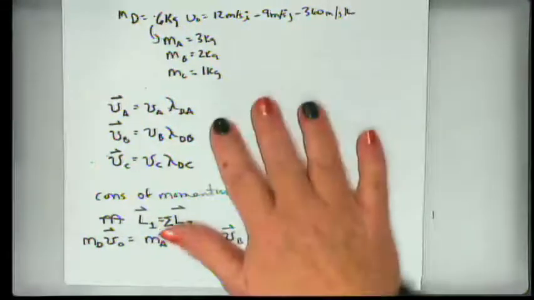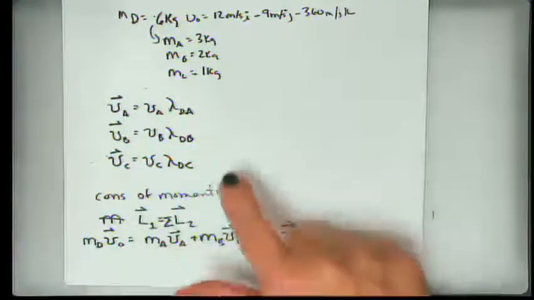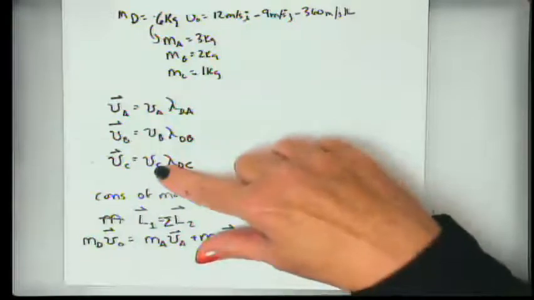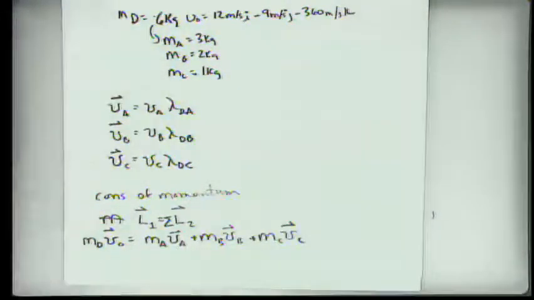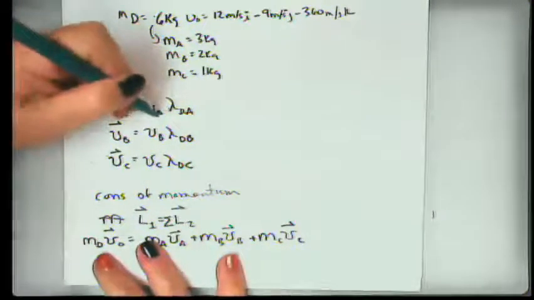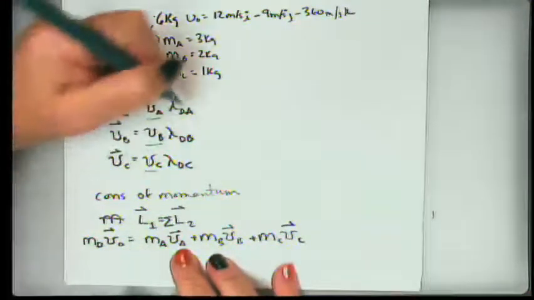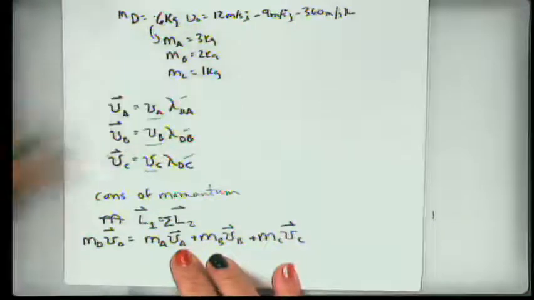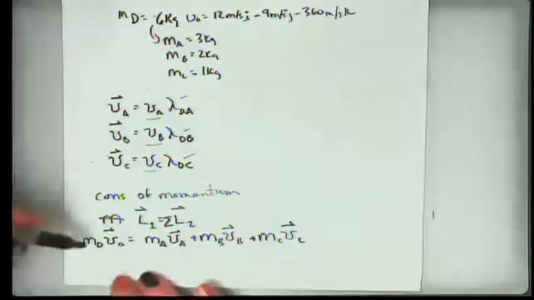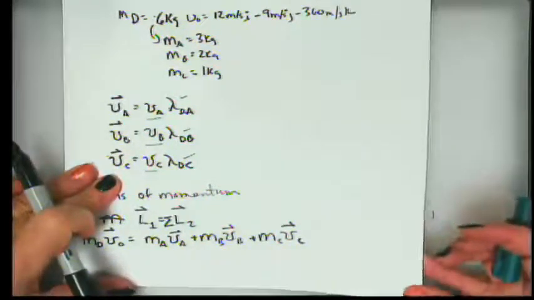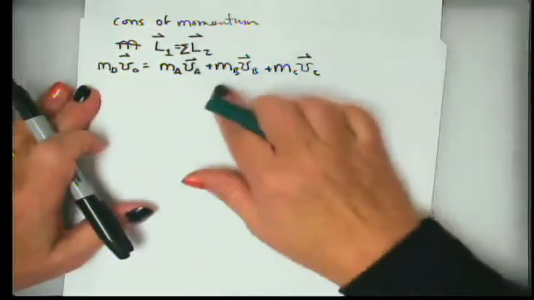So what that means for us is that we have to work out the math. We do have the masses of each of these. We do not have the velocities, and these are actually the unknowns that we're looking for in this problem. So that means that in order to work out this problem, we're going to have to find our lambdas, and then we're going to have to break this equation up into the three directions, into i, j, and k components, or x, y, and z components.